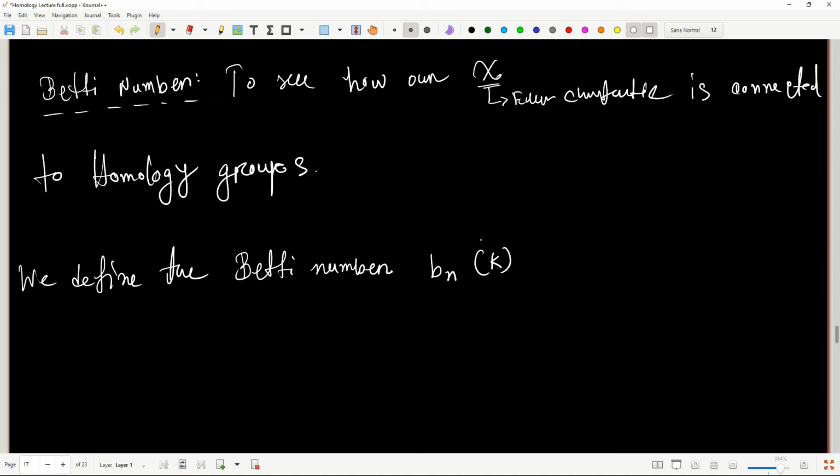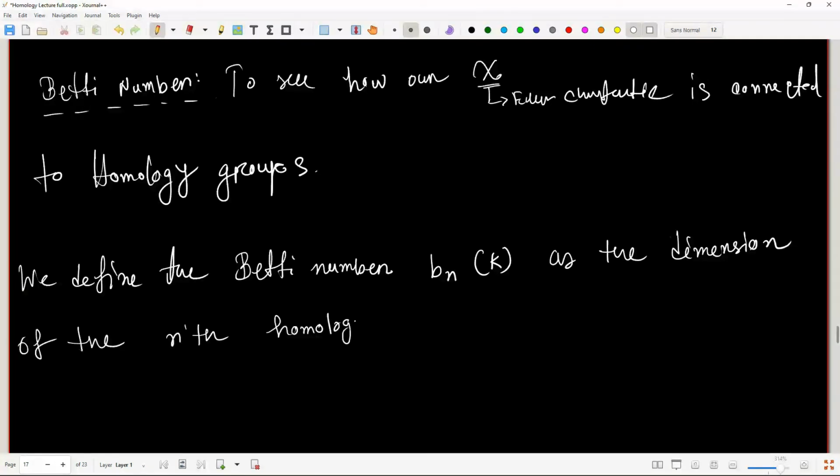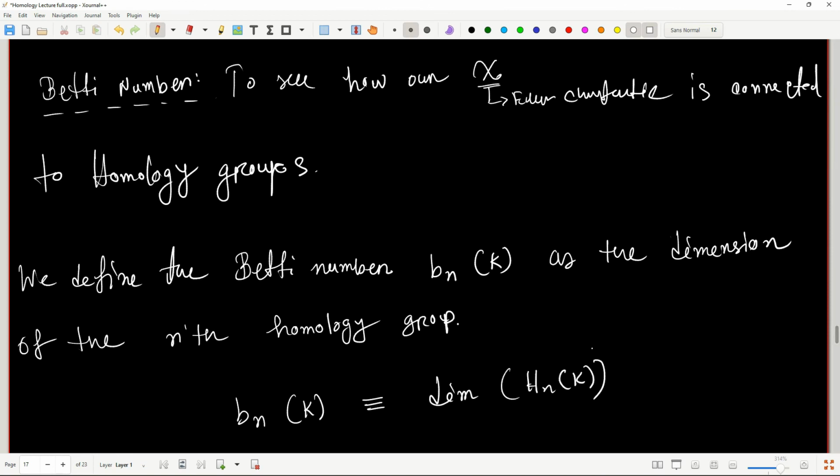We define the Betti number Bn of K as the dimension of the nth homology group, and mathematically you can write it as the Betti number Bn of K is just the dimension of your Hn of K. Now what does this dimension mean?